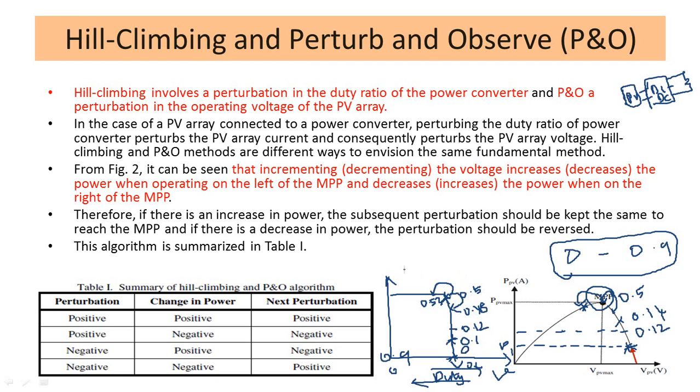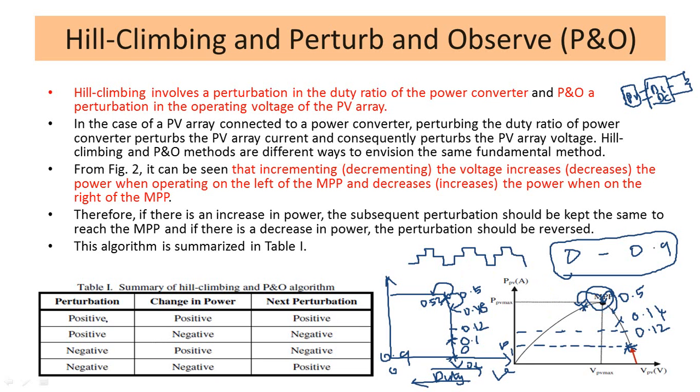So what happens is, this P and O tries to produce a three-step variation in your PV convergence characteristics, so it tends to oscillate. Steady-state oscillations are produced at the maximum power point.